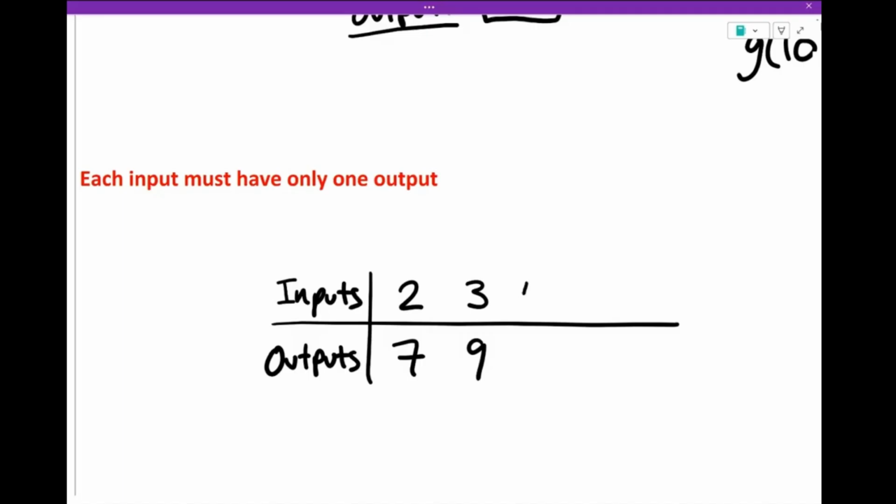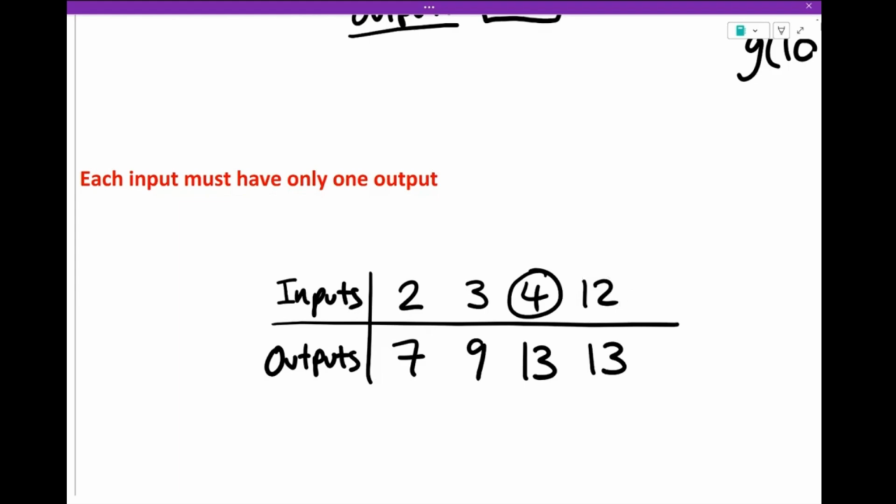And let's say I was to input 4 and then 13 came out. This so far could definitely be a function, because each input is only having one output. And let's say I was to input 12 and then 13 came out again. That's fine because each of the inputs 4 and 12 only has one output, 13. They can have the same output, that's okay.